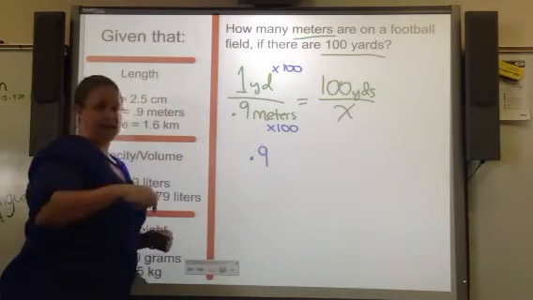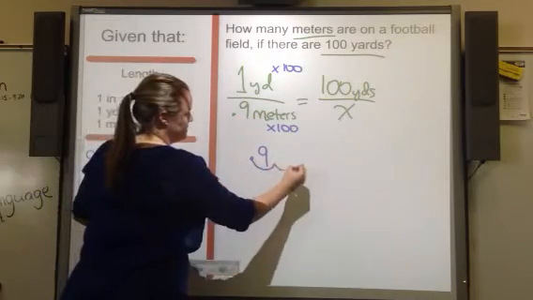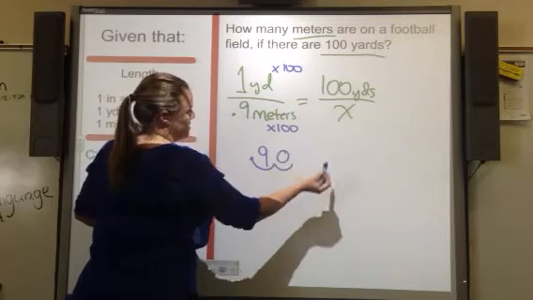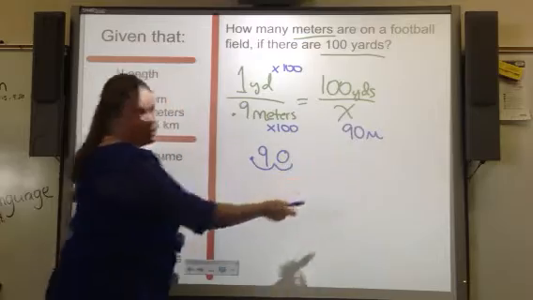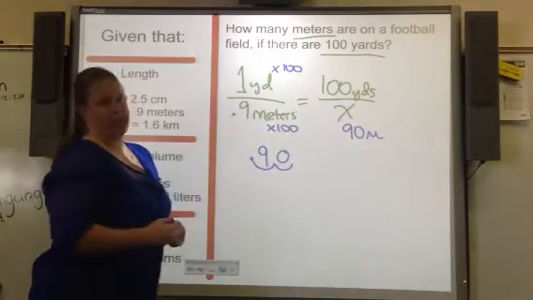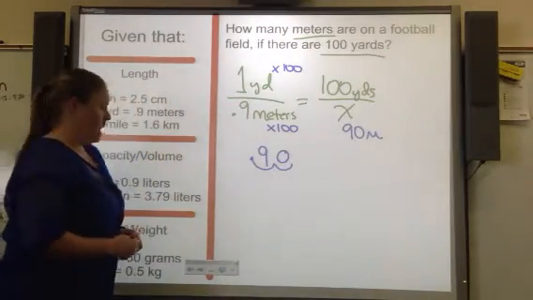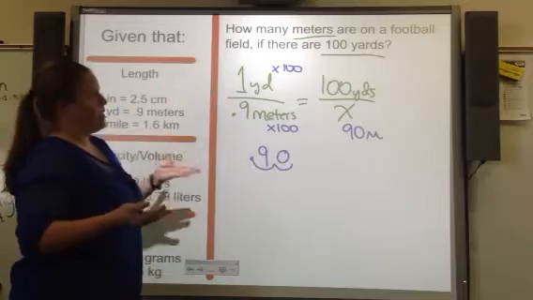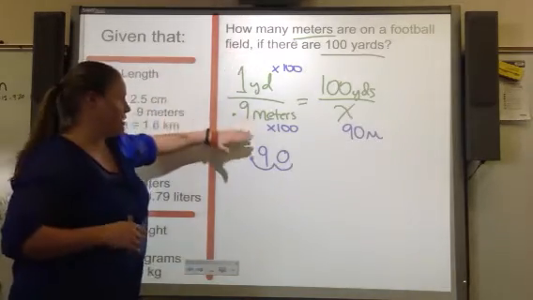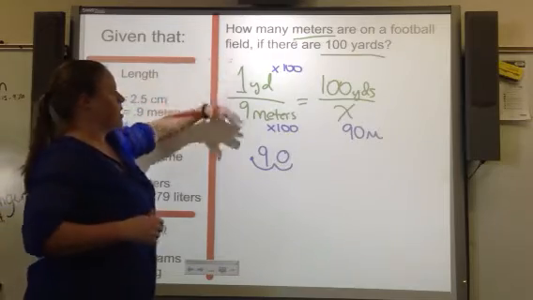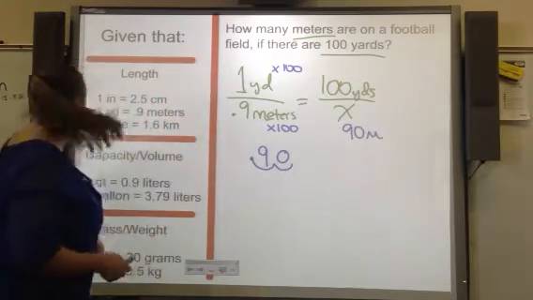That's coming from 2 days ago. 0.9, 2 places. So my answer is 90 meters equals 100 yards. And that's how you go about comparing across systems. It's the same thing we've been doing. You're still using ratios, but this time you're going part to part instead of part to whole.